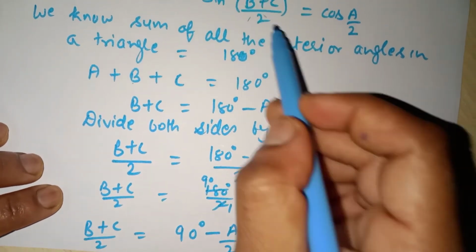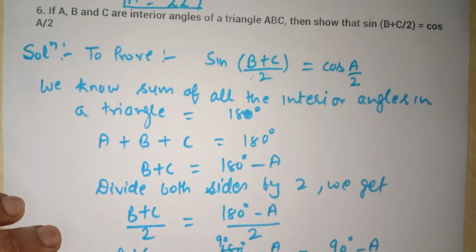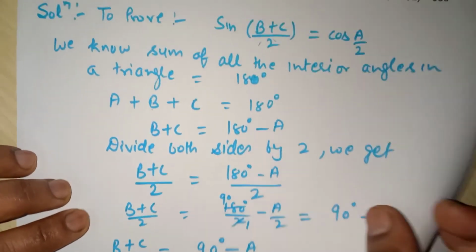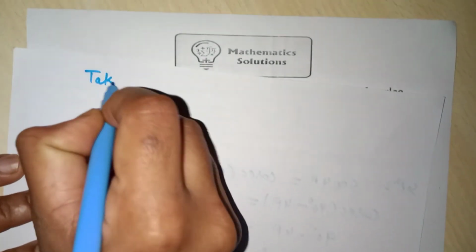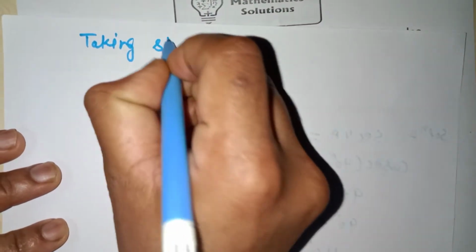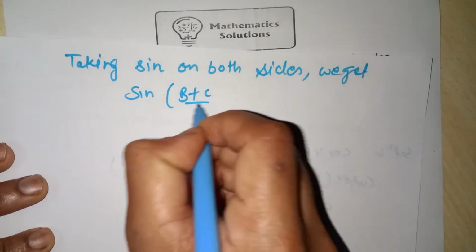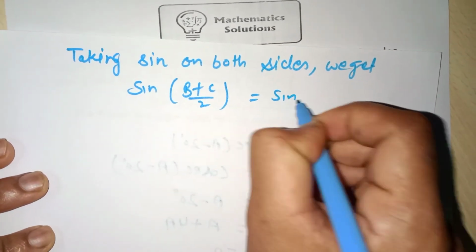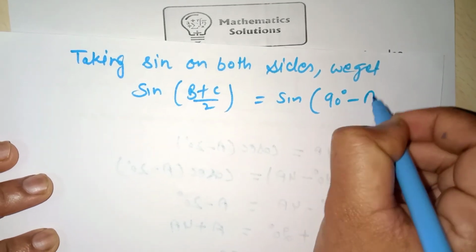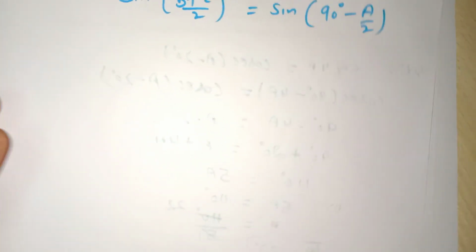Now here we have sine, so we will take the sine on both sides. Taking sine on both sides, sine of B plus C by 2 is equal to sine of 90 degrees minus A by 2.